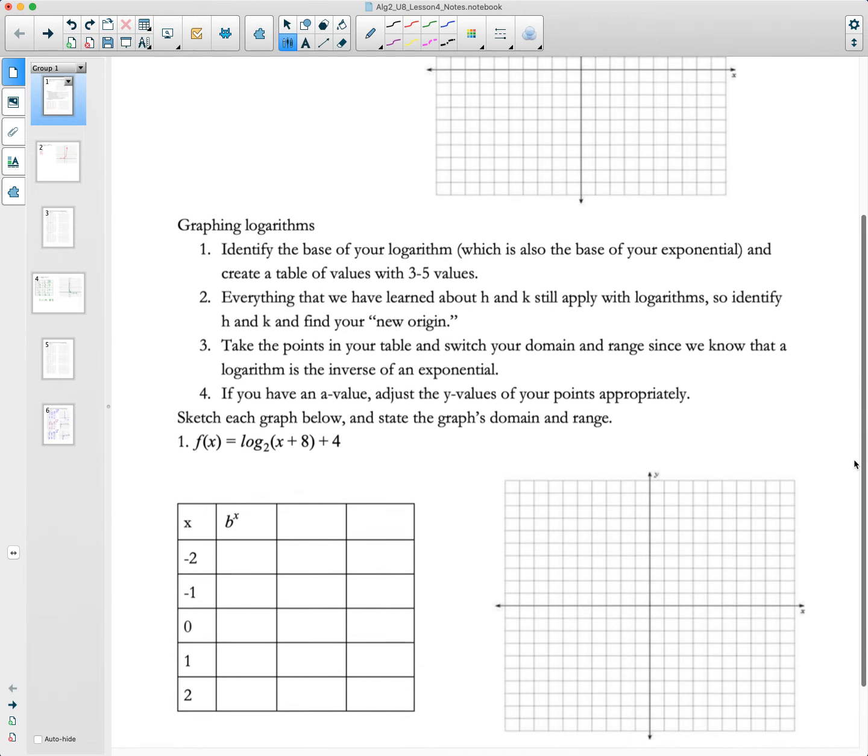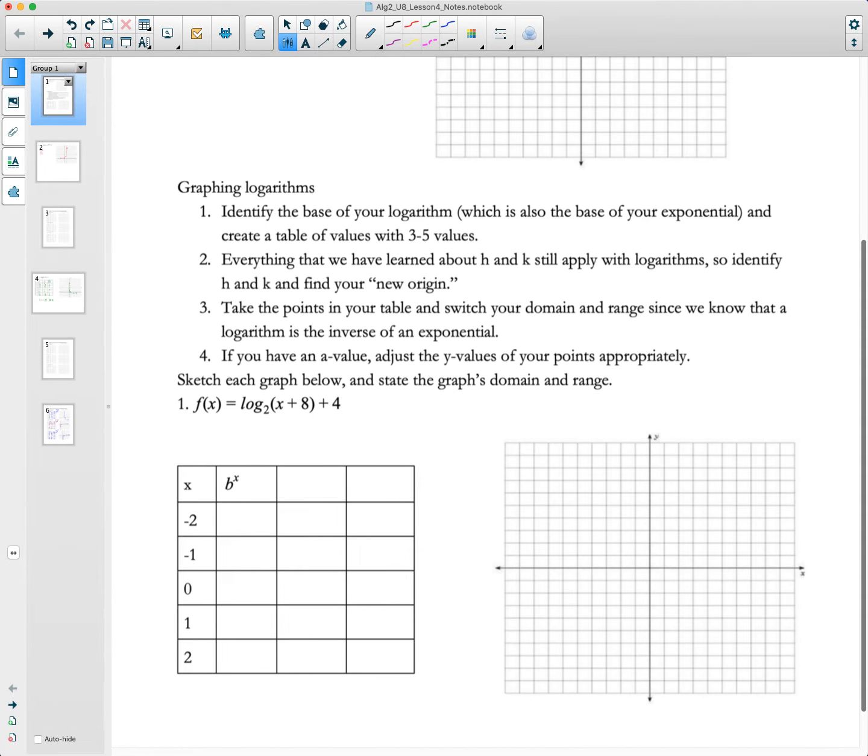All right, and so here's really what we want to do. When we graph our logarithm, we've already talked about how the base of the logarithm is the same as the base of our exponential. And we want to create a table from our exponential with 3 to 5 points. And then once we have those points, we know that the domain and range switch. So we're just going to flip our domain and range from our exponential to create the domain and the range for our logarithm.